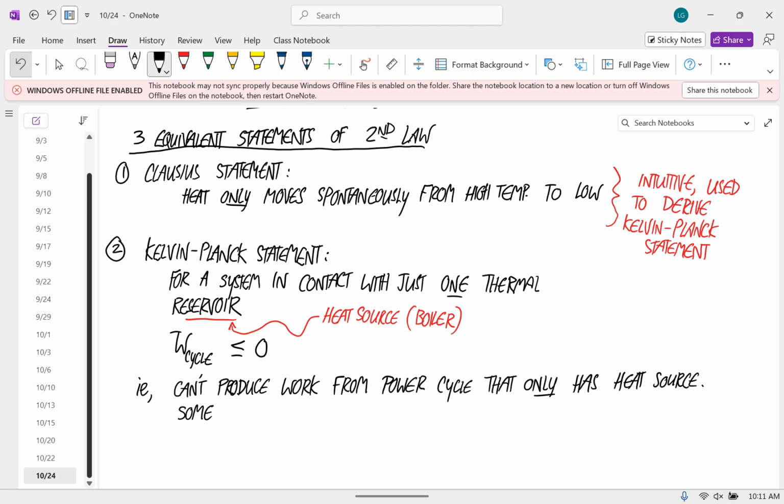Some energy needs to be lost to a second thermal reservoir as exhaust.